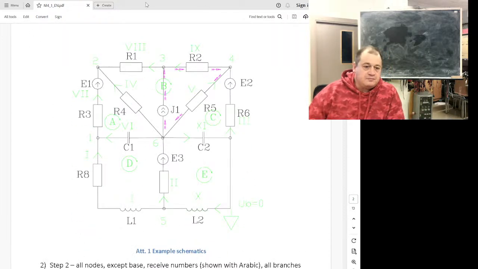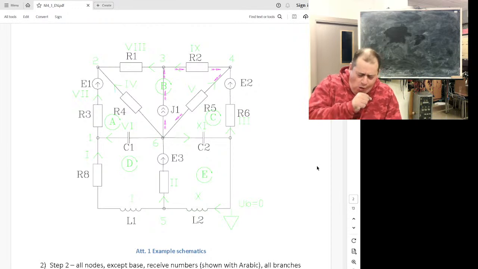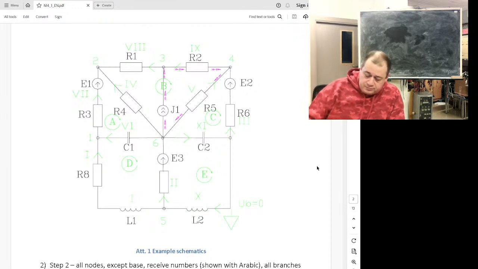First, take our schematics and select a base node. In theory, I can select any one.